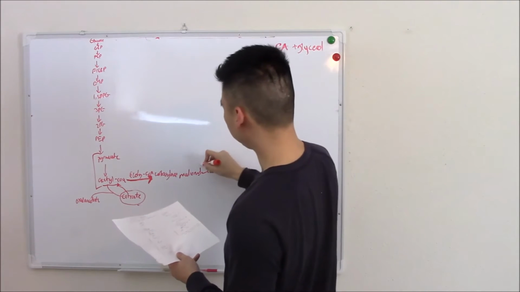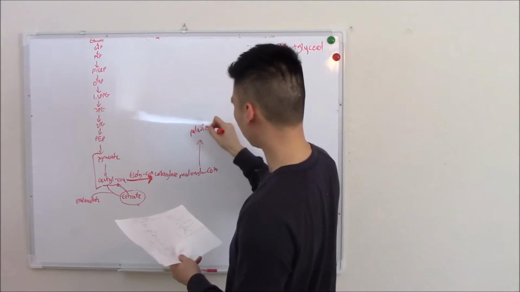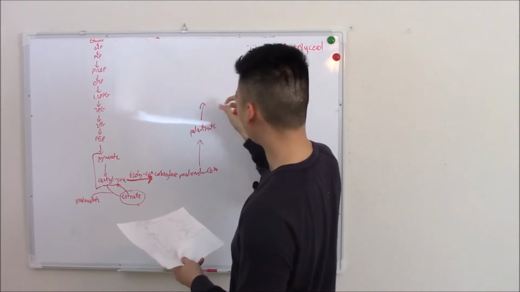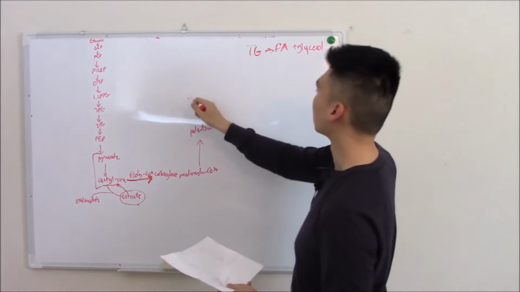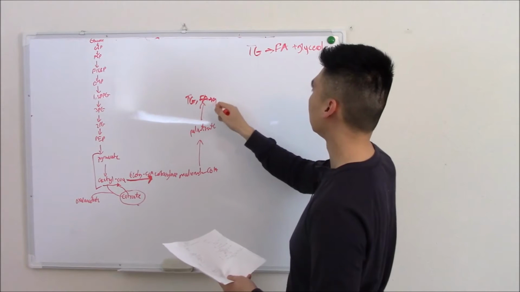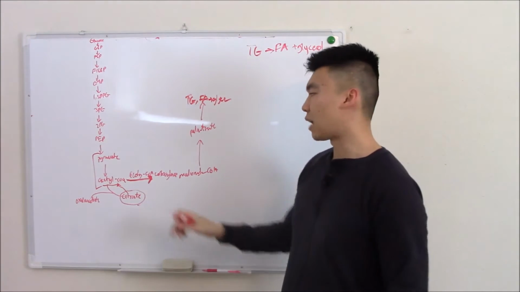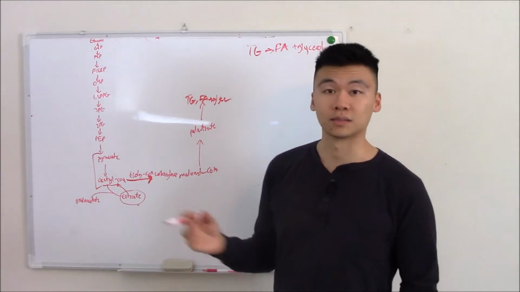And malonyl-CoA, through a lot of steps, becomes palmitate, and eventually we get our triglycerides and our fatty acids and our glycerols. So if we don't get enough fat from our diet, we can make it with our glycolysis pathway.